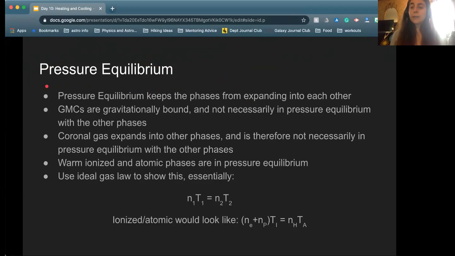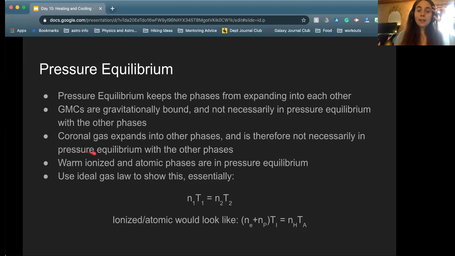But not all of the phases are really in pressure equilibrium. The giant molecular clouds, the cold molecular medium, is not necessarily going to be in pressure equilibrium because it's dense enough that it will be gravitationally stable and hold itself together through gravitation instead of needing thermal pressure to keep from collapsing or to expand into the other phases.